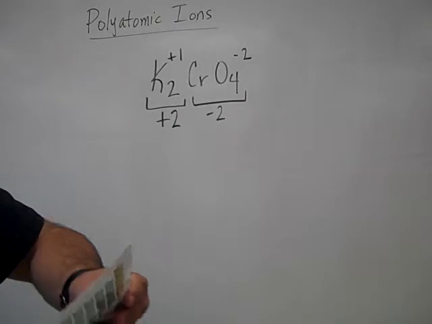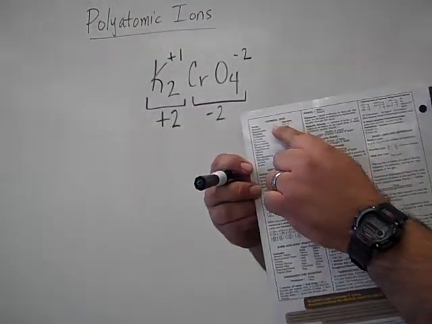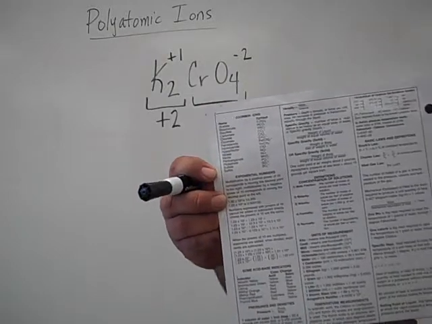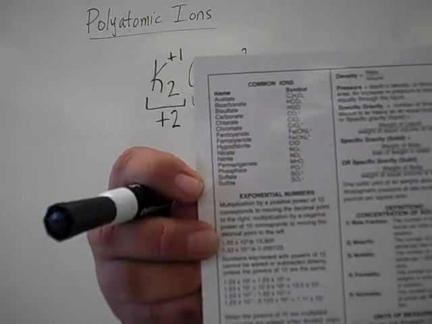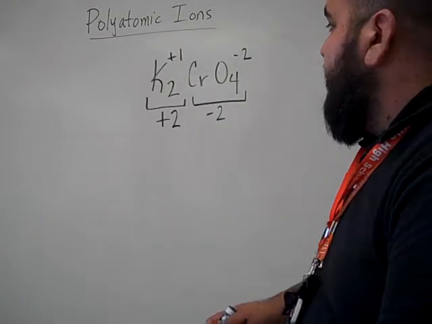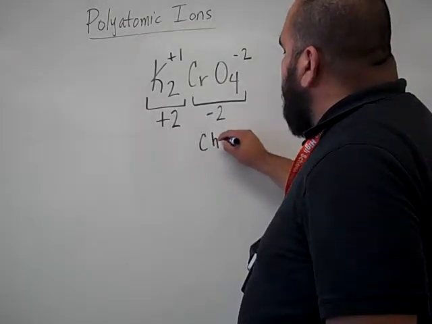Well, I couldn't find one very easily, but if you guys see right here, they look like those, okay? Now they look like that. The name of this one is chromate.